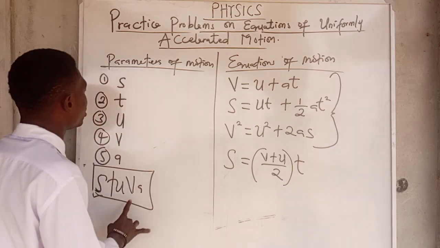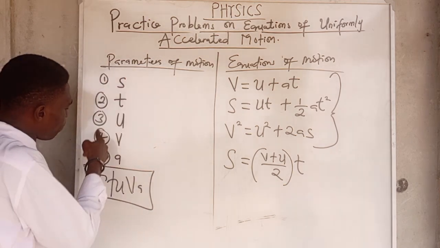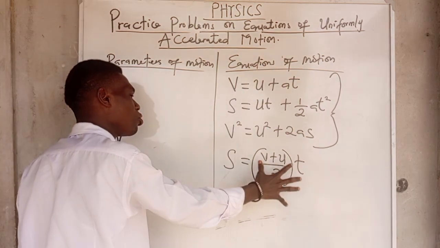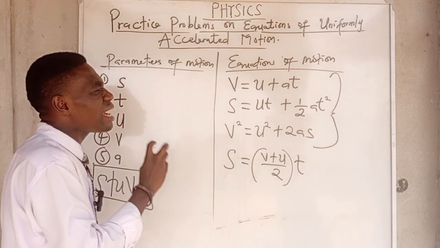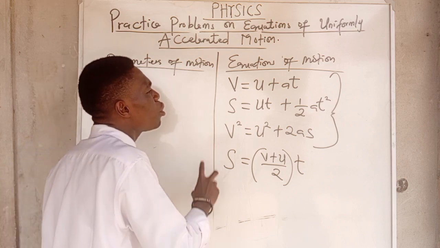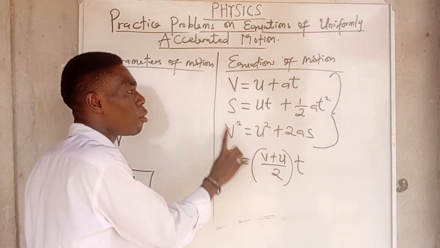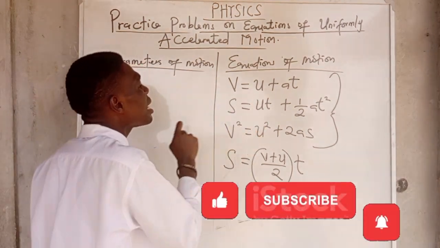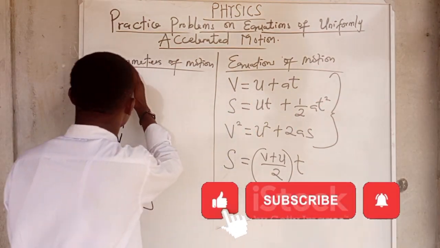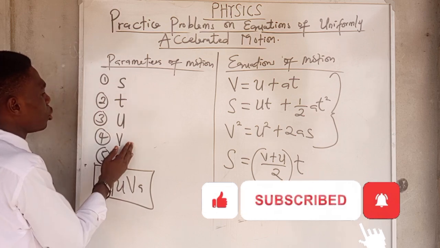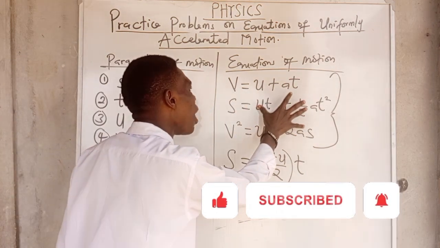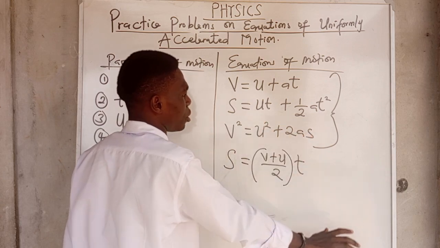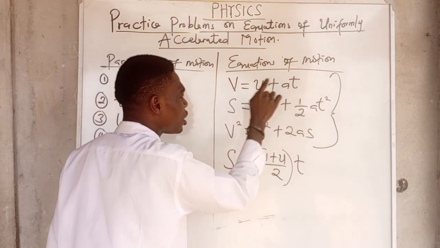The first thing you have to note is that we have 5 parameters of motion. However, looking at these equations of motion, if you take a careful look at each of them, you will understand there is something spectacular among them. And if you are very observant, you will be able to see that out of the 5 parameters of motion that we have, only 4 are contained in each equation.